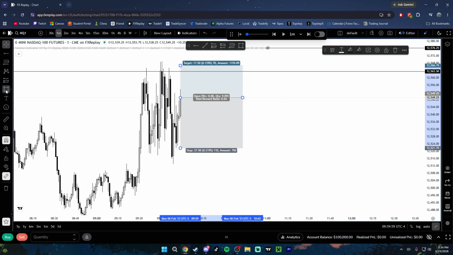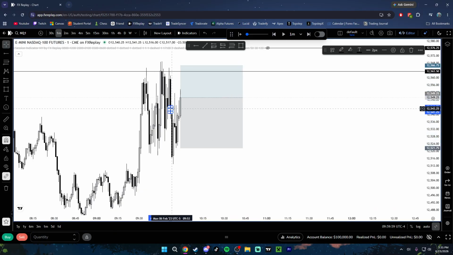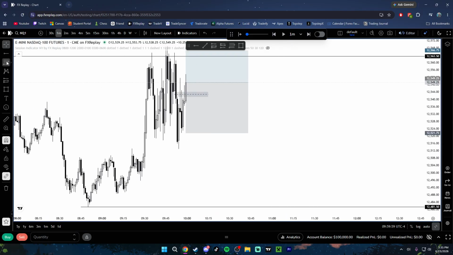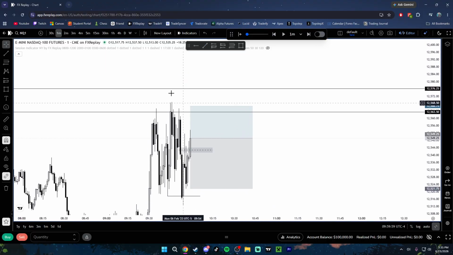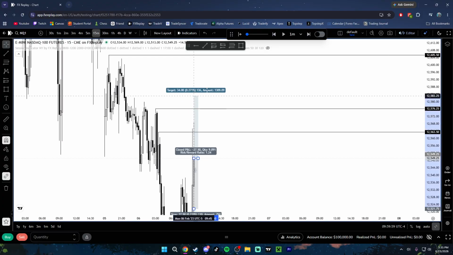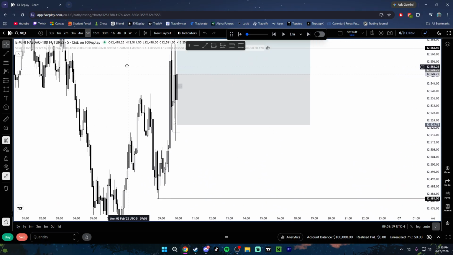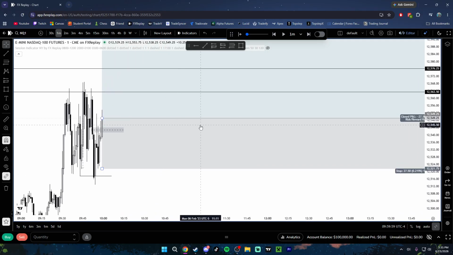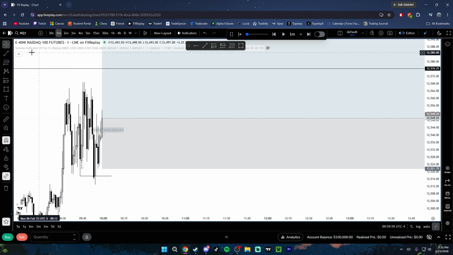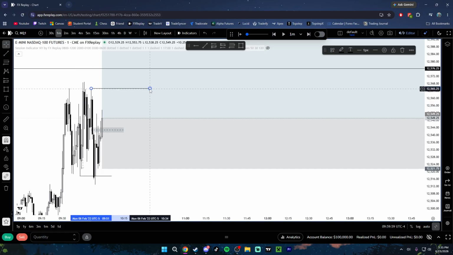We have this 1 minute inverse right here. We're delivering from this liquidity we swept right here, and we'll target all the SLR above. Break even point. We'll do that at this high.